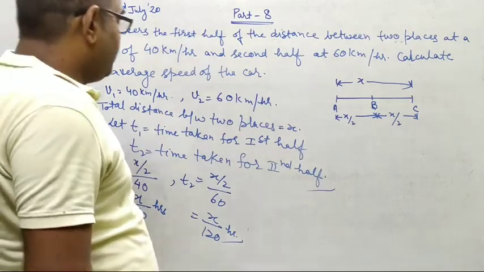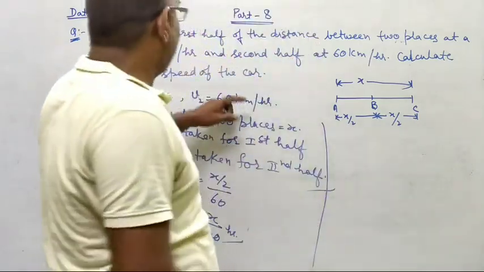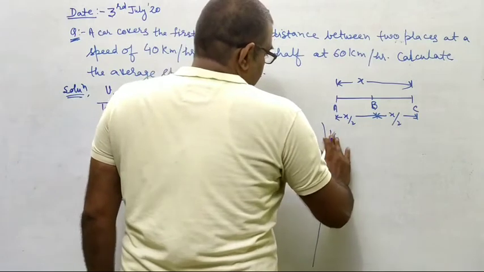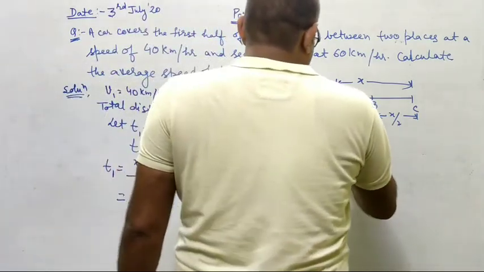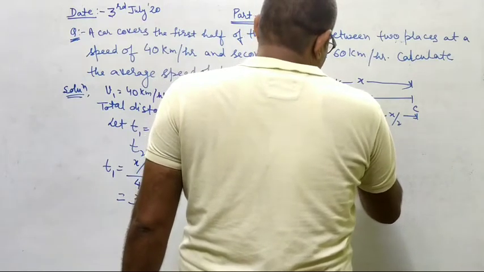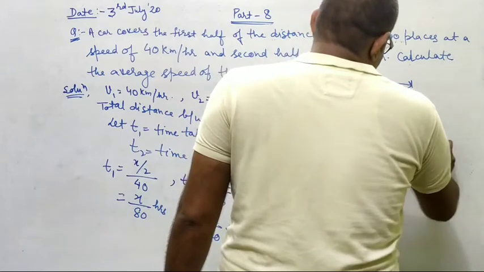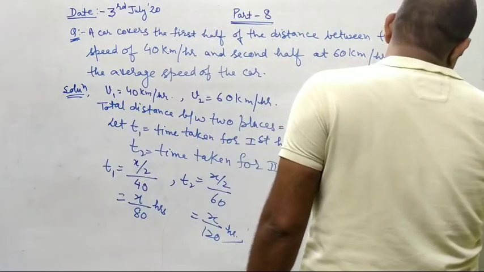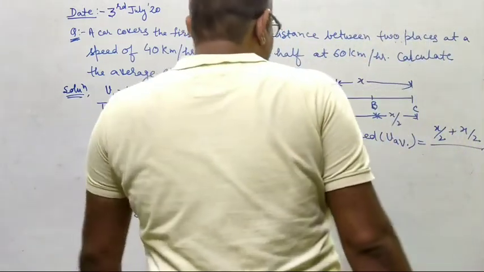For calculating the average, you have to calculate the average speed, that is v average, which is equal to total distance traveled upon total time taken.